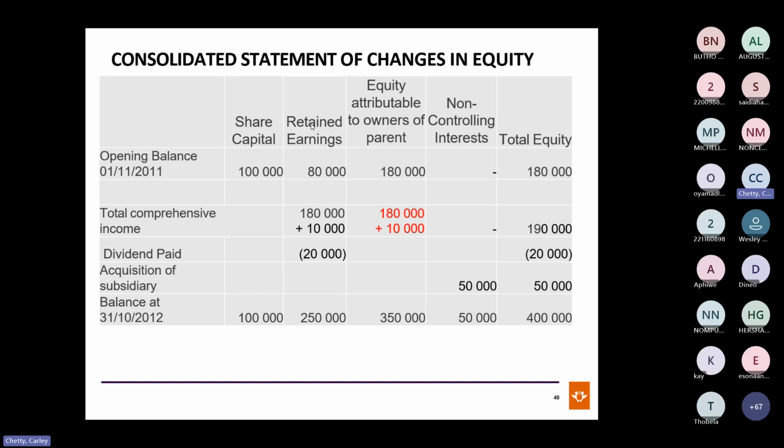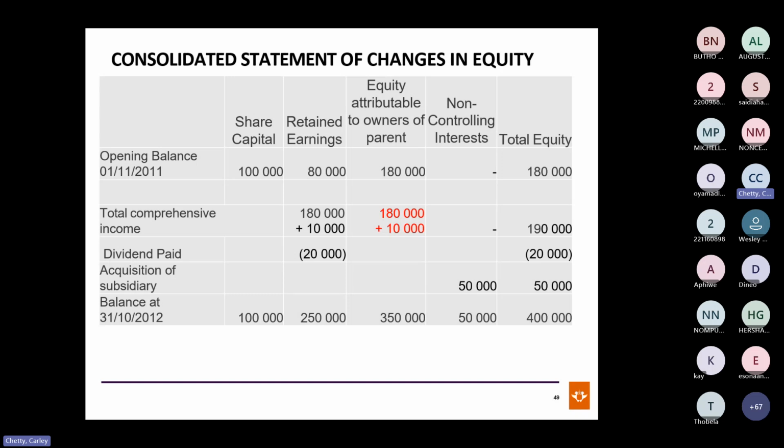Remember, share capital and retained earnings in these two columns. This is the parent. So P had 100,000 opening balance of share capital and 100,000 closing balance of share capital. Then we have retained earnings of the parent. The retained earnings had a closing balance of 250,000 Rand.